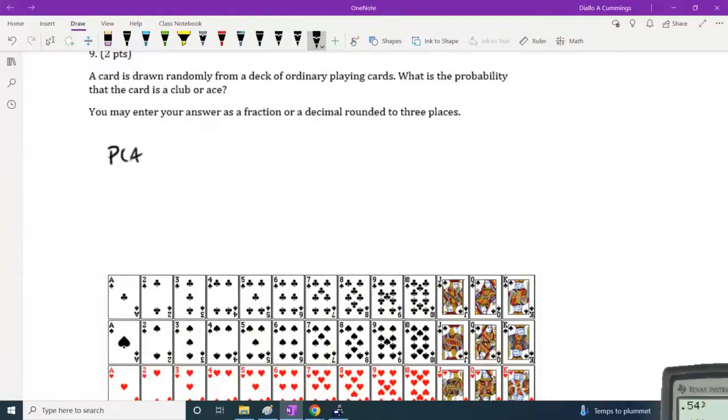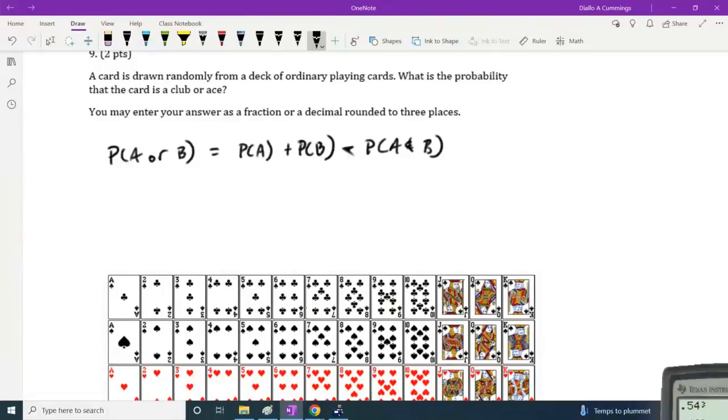So remember that addition rule, it was a probability of A or B. That's equal to the probability of A plus the probability of B minus the probability of A and B. You have to take out any overlap.